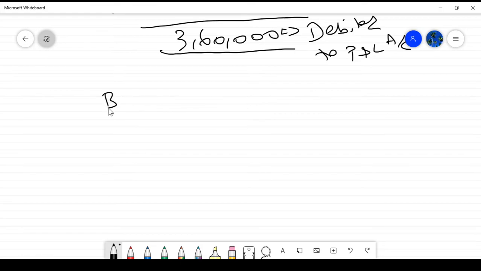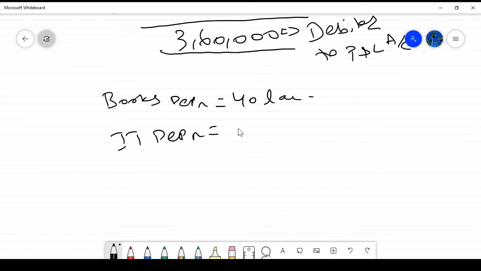Books depreciation 40 lakhs. IT depreciation 60 lakhs. Because of this, whether I will pay more tax or less tax under the Income Tax Act, that thinking you should be able to make first.